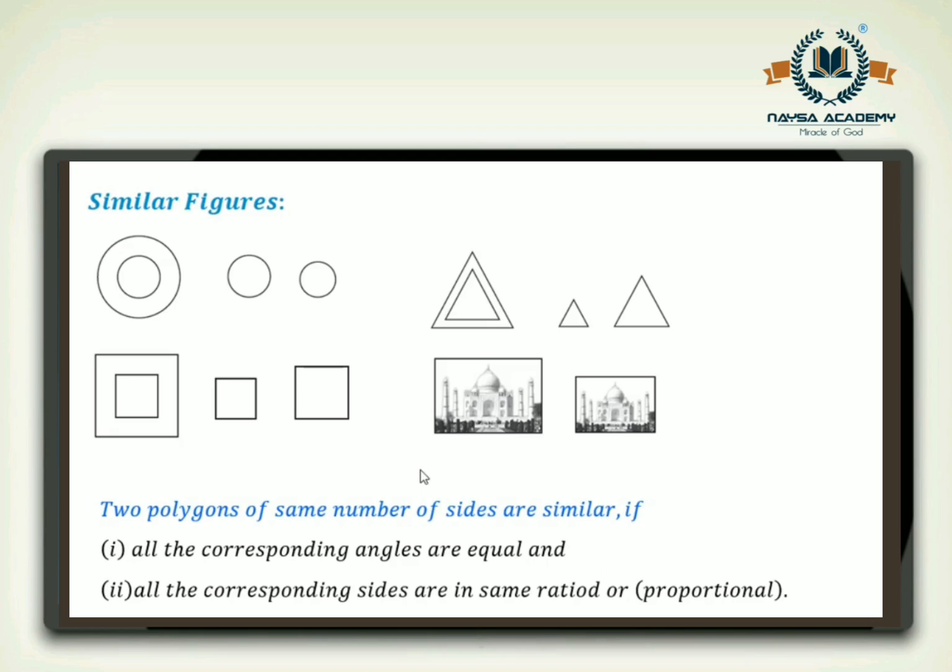If you see these two Taj Mahals, then this left pillar corresponds to this left pillar in the smaller figure. So in the case of two polygons, if the corresponding angles are equal and all the corresponding sides are in the same ratio, then I will say that those two polygons are similar.